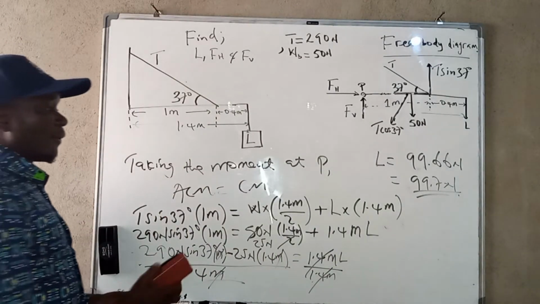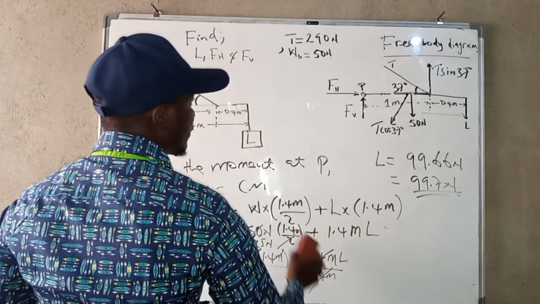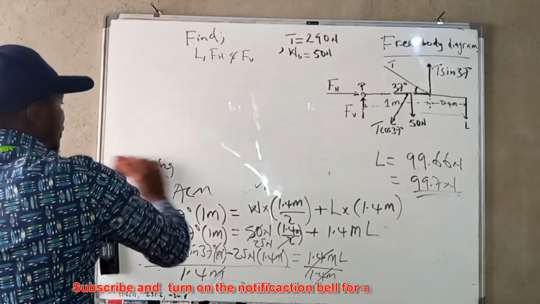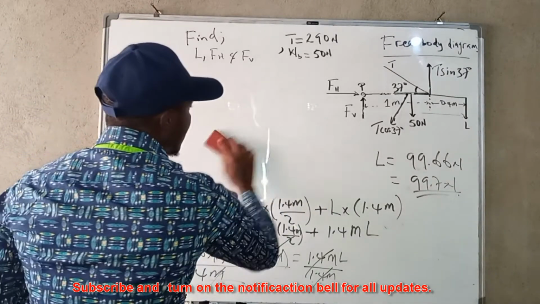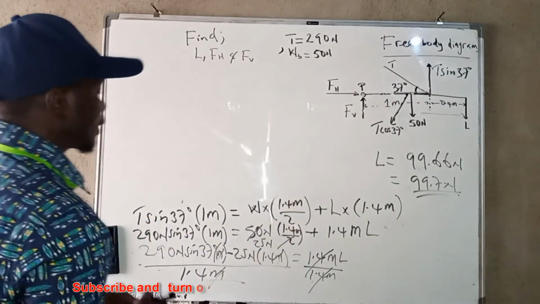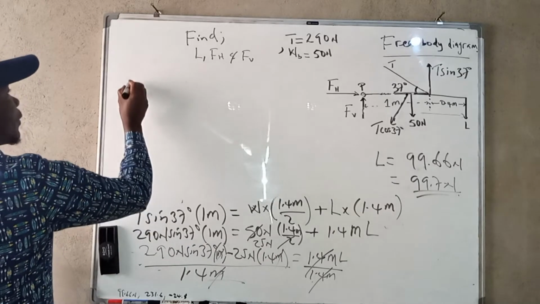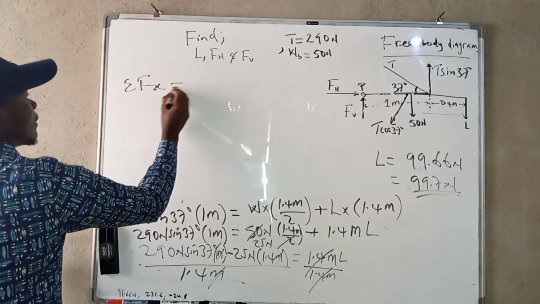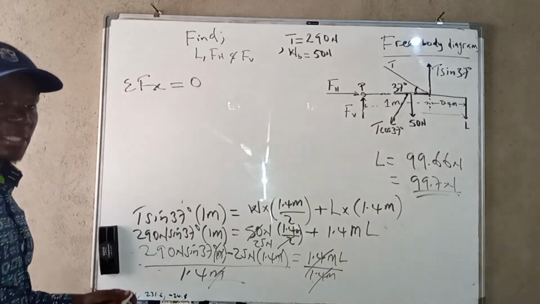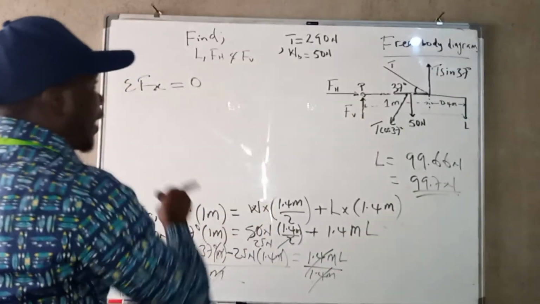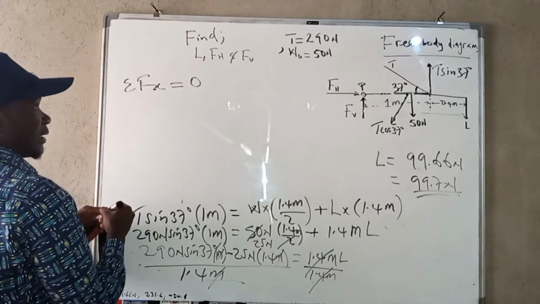So this is the value for L, and then without wasting much time, we can go to the next question, to find the value of FH. To find that, we know that the summation of forces in X must give us 0 in order to keep the system in equilibrium. So we have FH acting in that direction.